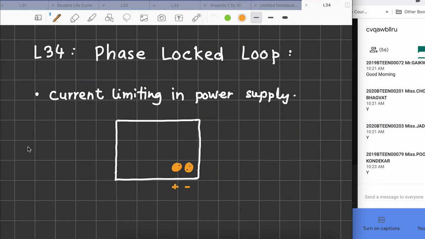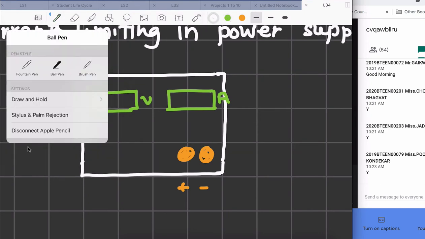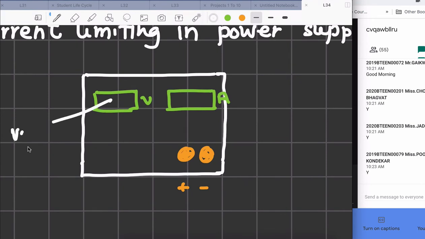Then it will have displays, voltmeter, voltage and current. So these meters will show the actual values: this will show voltage and this will show load current.